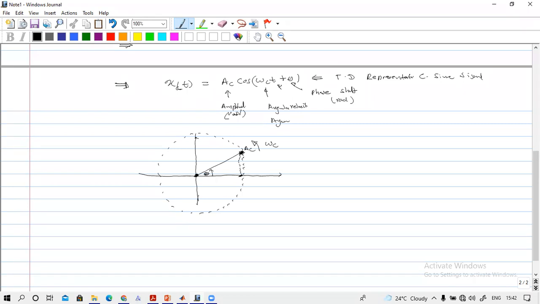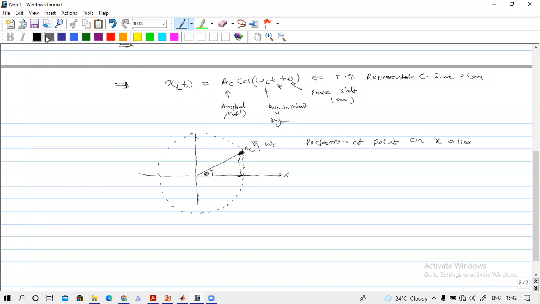The sine wave is created by the projection of this point onto the x-axis. When this point is moving along this radius, you can see the projection moving here and here, like this.